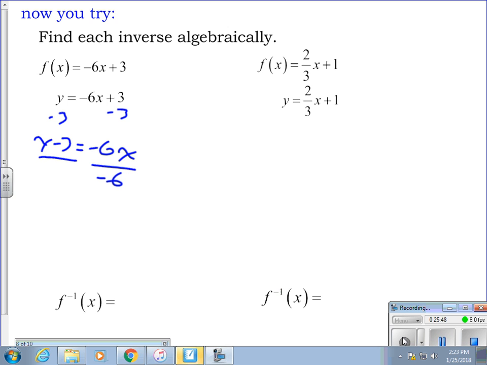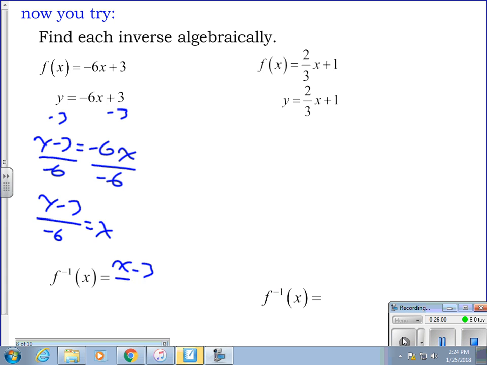Divide by negative 6. Y minus 3 over negative 6 equals x. So our inverse function is x minus 3 divided by negative 6. Easy peasy.